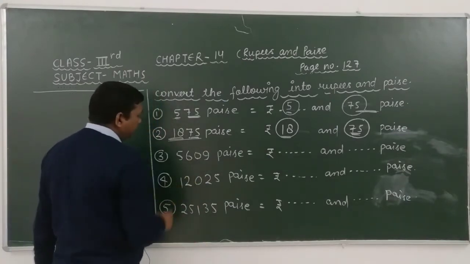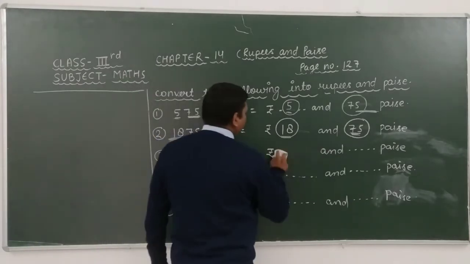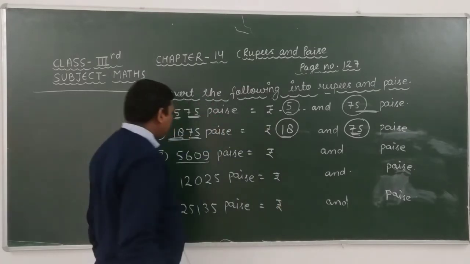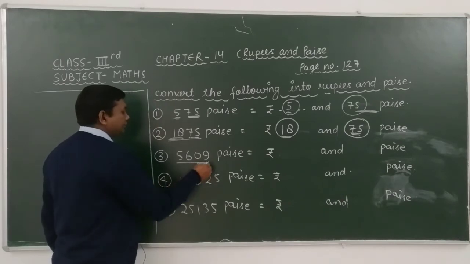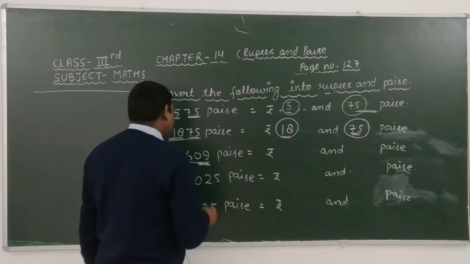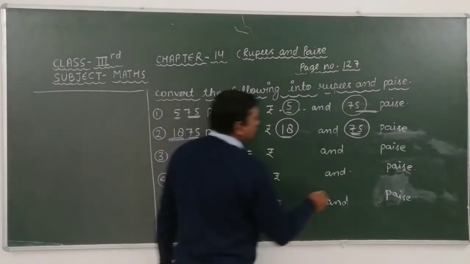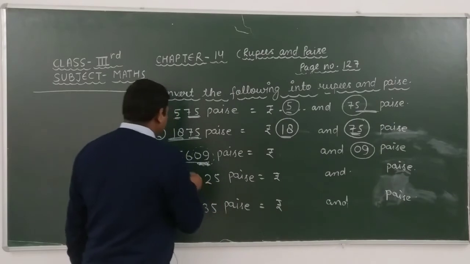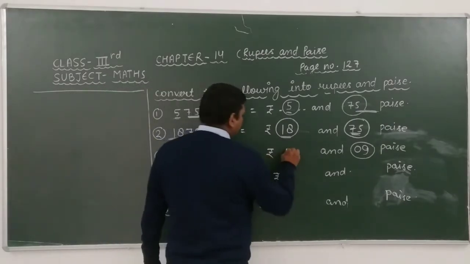Okay students, look here carefully. Here we are given a 4-digit number, therefore we take the last 2 digits, which we can write in paise, it means that here we can write 09, and the rest 2 digits we can write in rupees.